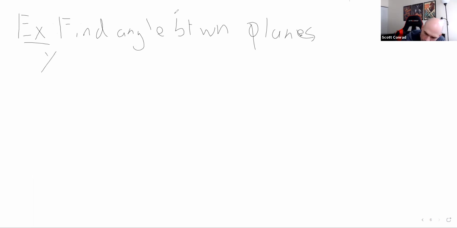So we have a plane x minus z equals 8 and a plane y plus z equals 3. Okay, so the angle is the angle between the normal vectors.